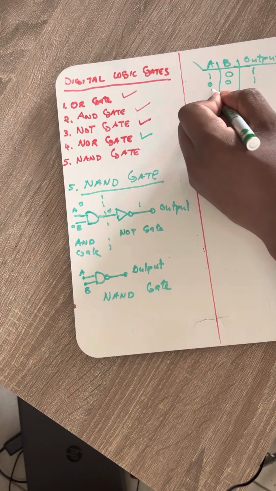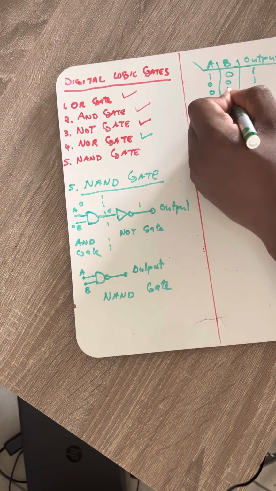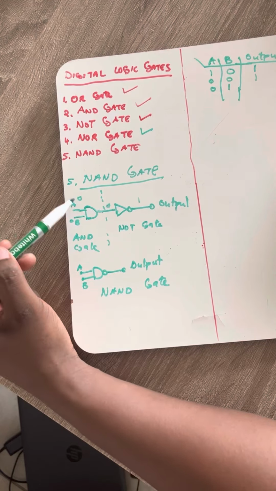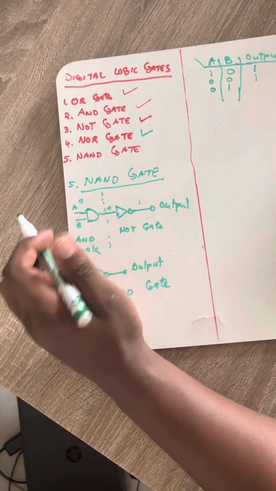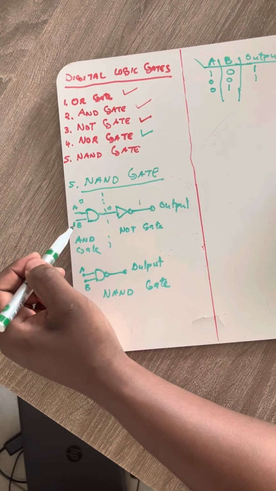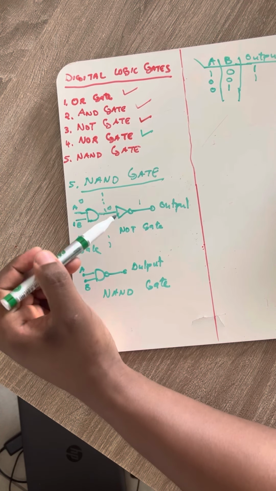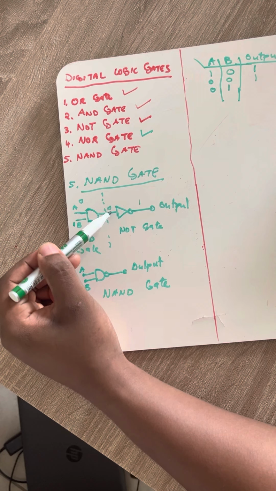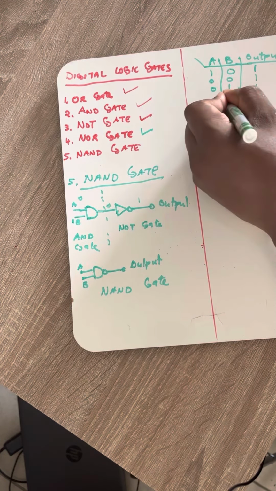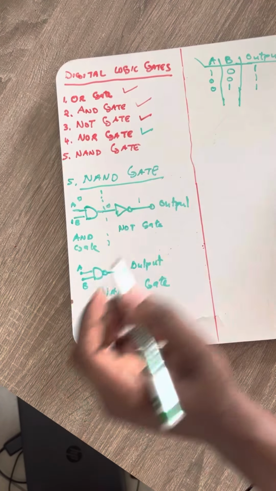Let's go. If A is 0 and B is 1, what will be our output? B is 1, A is 0, so it's 0 times 1. That will give us 0 again, and then the inverse of 0 will be 1. So the output will be true here.